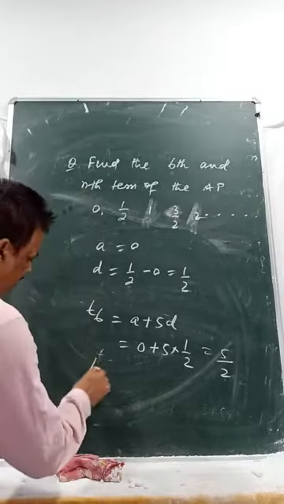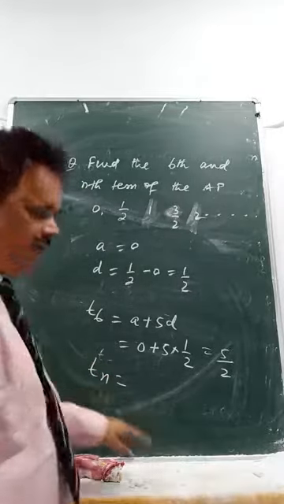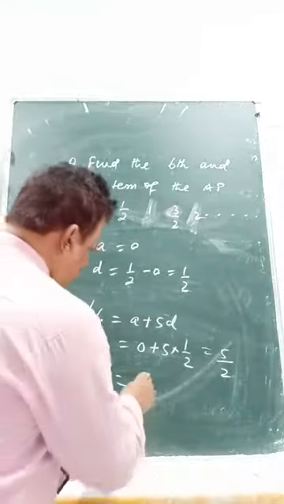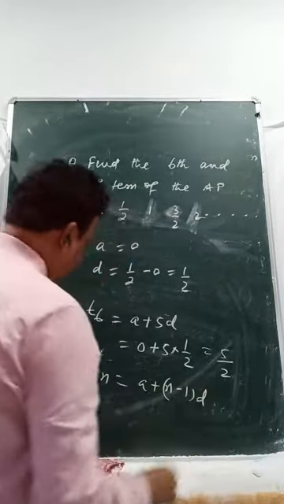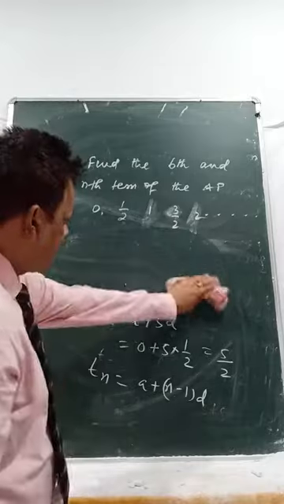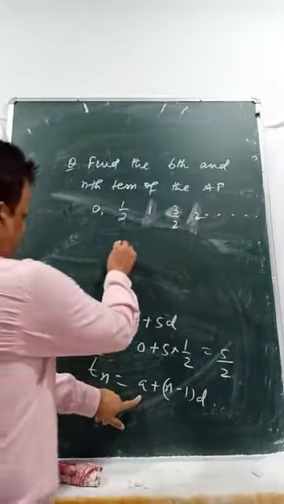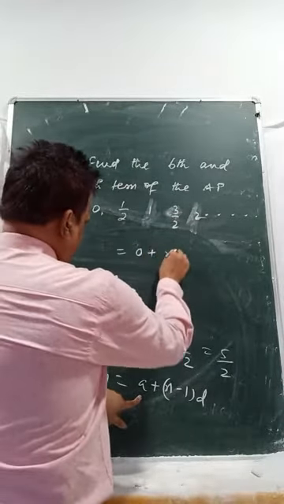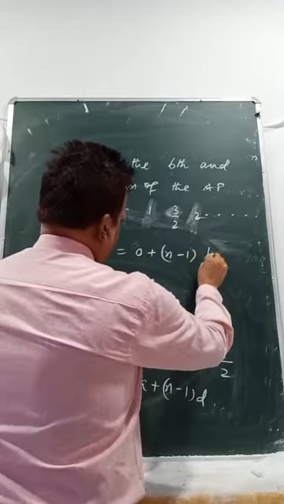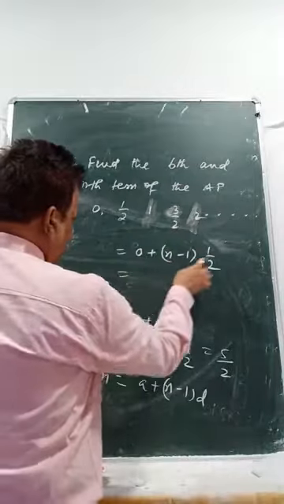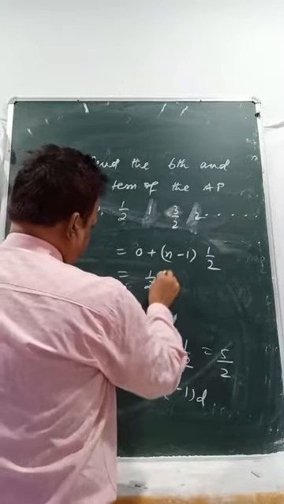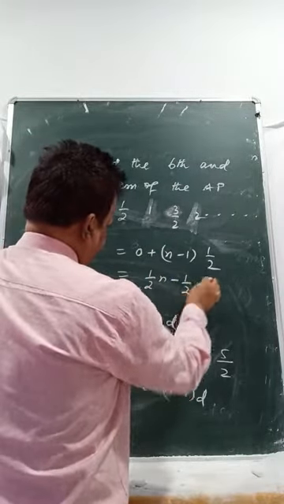Then comes nth term. Nth term means Tn. How to write Tn? A plus n minus 1 into D. Okay? So A what will we put? 0, n minus 1, half. D is half. So 0 is gone, half n minus half.